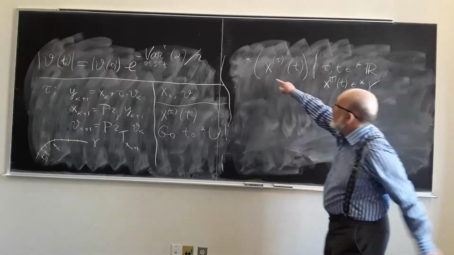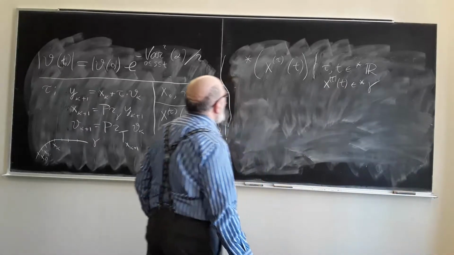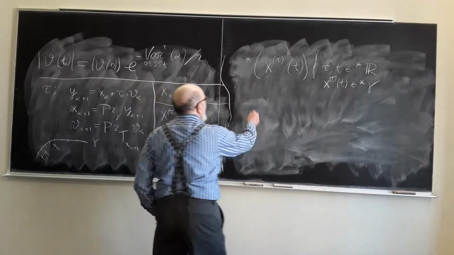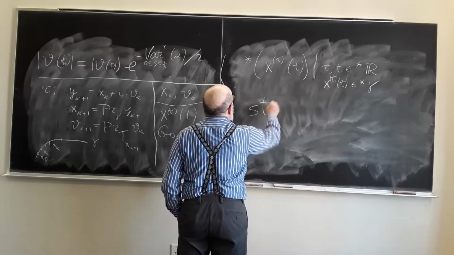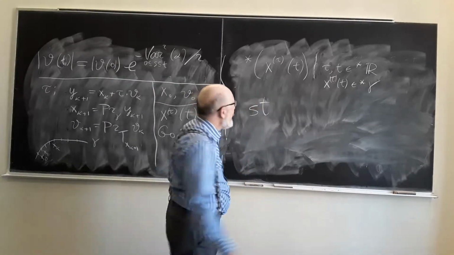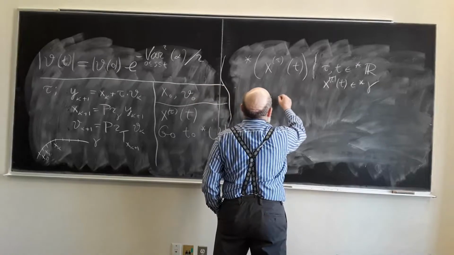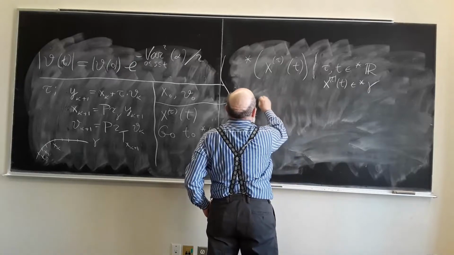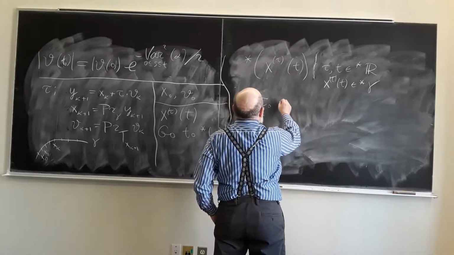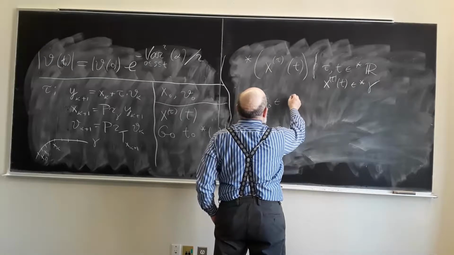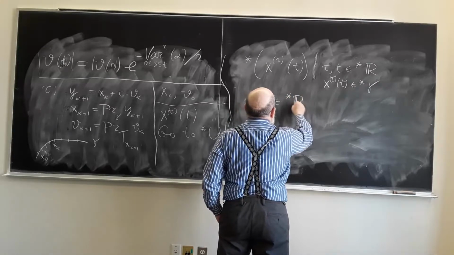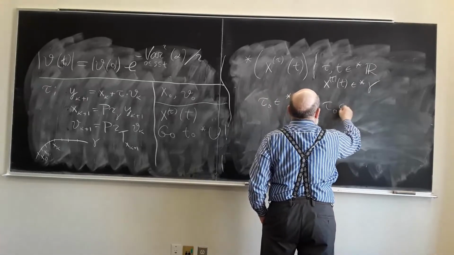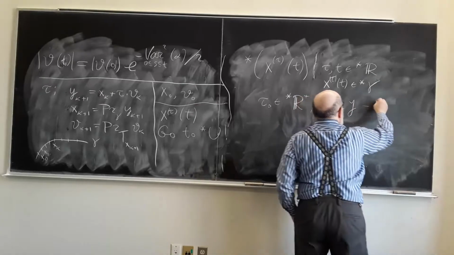After we performed this embedding, we take the standard part of what we get here. Next, let us take tau_0 in star R plus, with tau_0 infinitesimal.